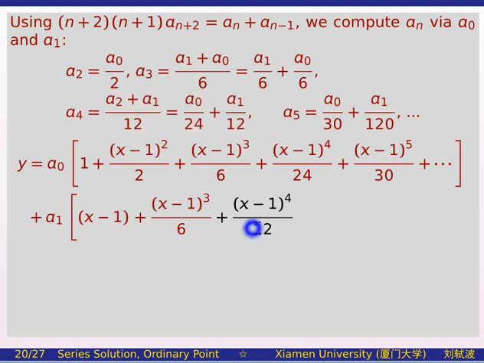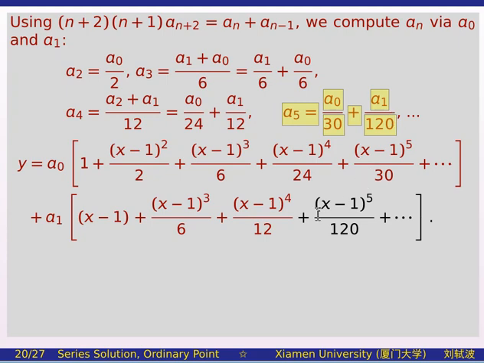So this is 1 over 12 here. And similarly, the A1 part of A5, the coefficient of (x minus 1) to the power 5, is 1 over 120. Therefore, we have 120 here.